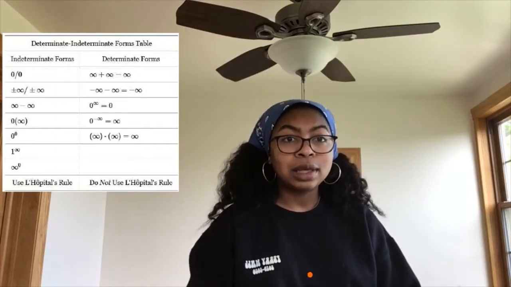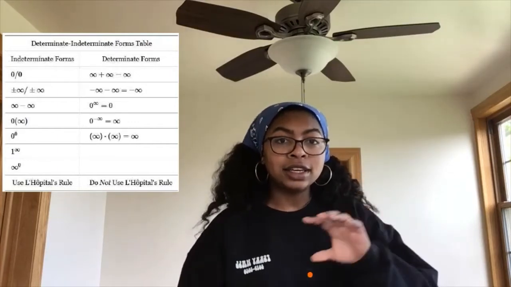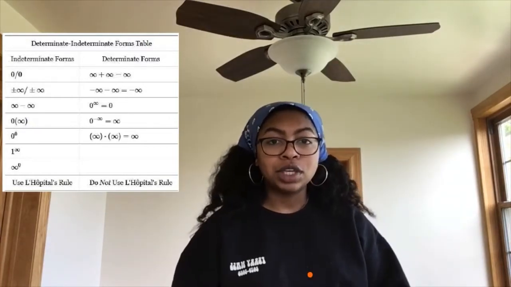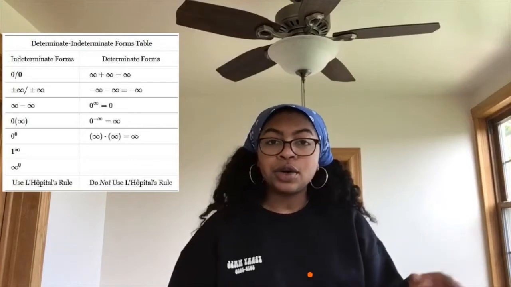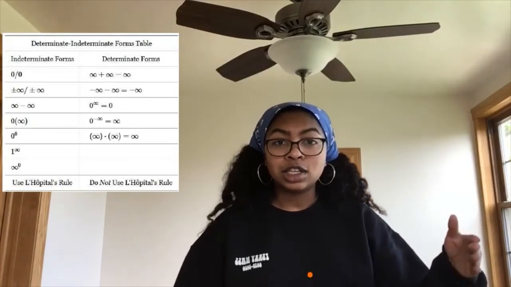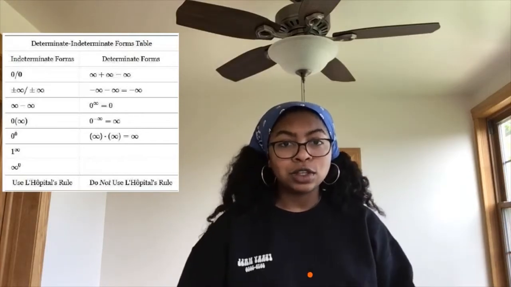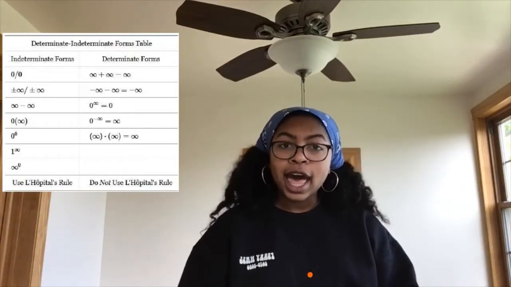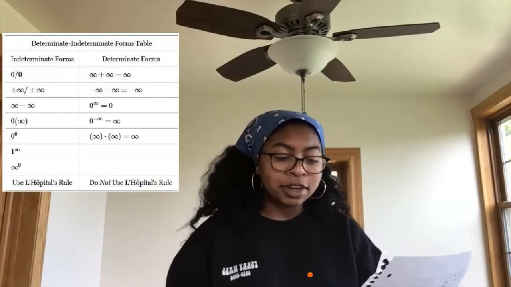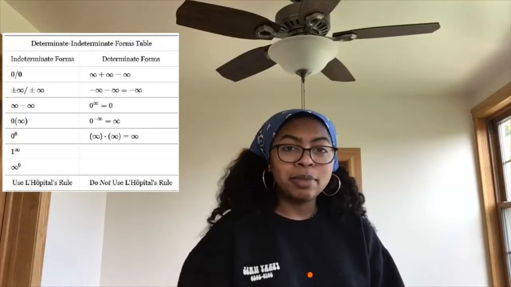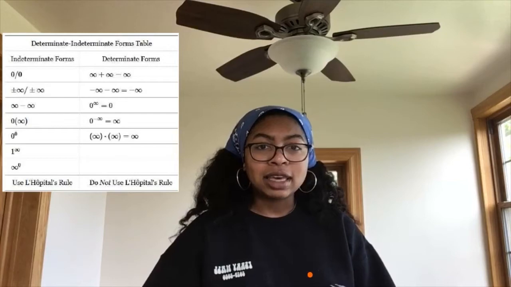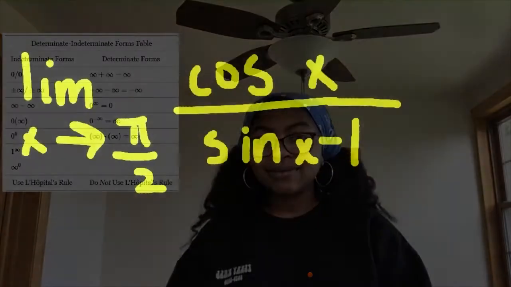With limits set up as a function over a function, we can produce things such as 0 over 0 or plus or minus infinity over plus or minus infinity. These are not legitimate responses, so we have to use L'Hopital's rule to find out what the actual limit is. With L'Hopital's rule, we take the derivative of the top function and the derivative of the bottom function to see if the limit can be found in a determinate form.